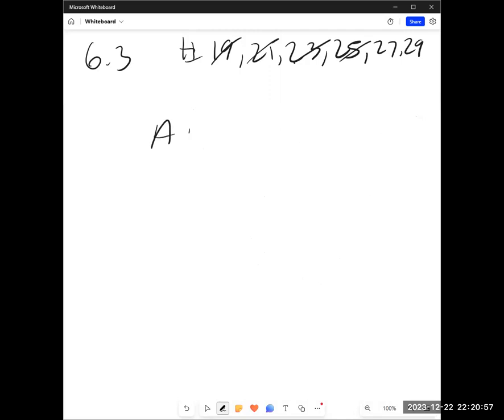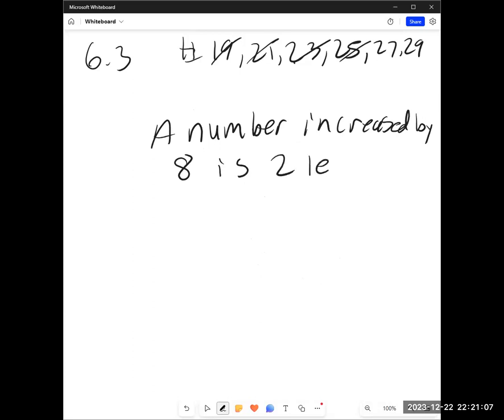A number increased by 8 is 2 less than twice the number. So the variable is used twice in this equation.